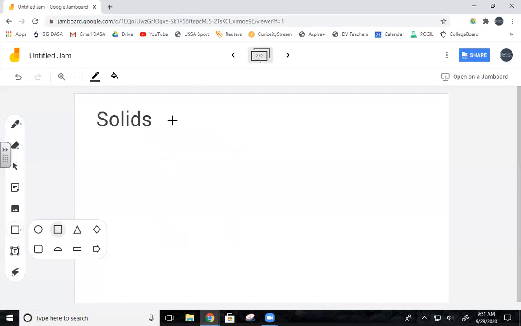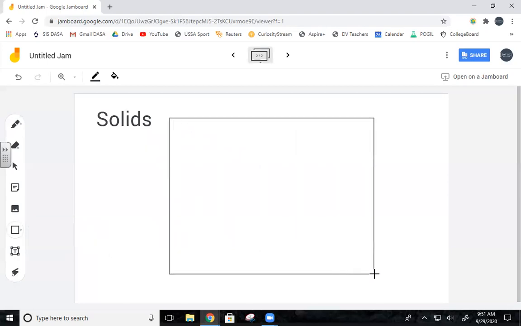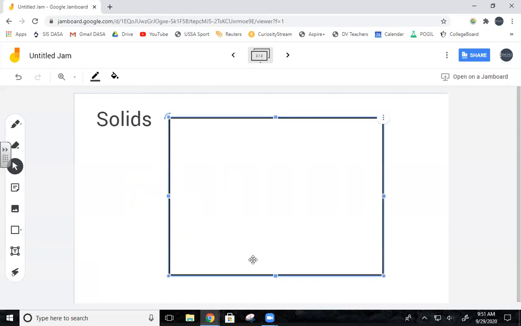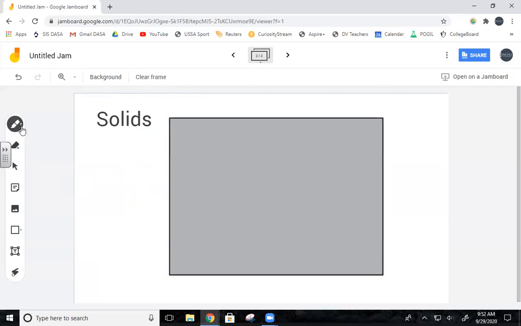All right, so inside of a solid, let's say that this is an object that we have here. Okay, and it is solid. Okay. And in this solid, we see the atoms. Okay?